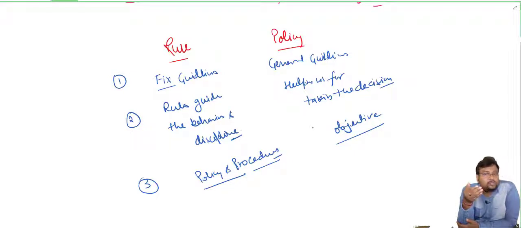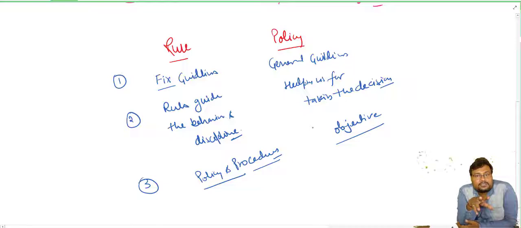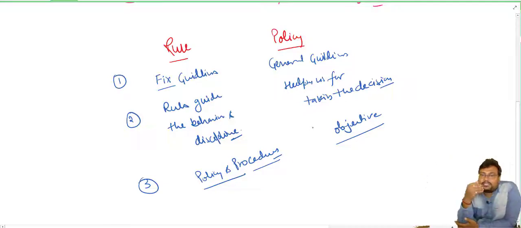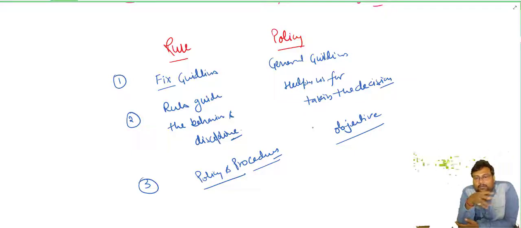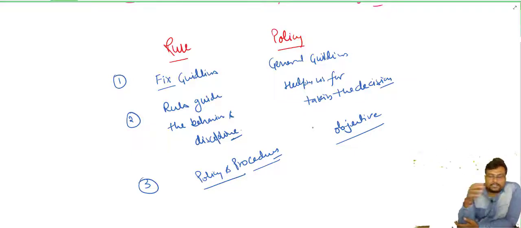And rules basically depend on policies and procedures, and rules specify that in the policy this thing is mentioned, in the procedure this thing is mentioned, that you have to follow this one only, and that is fixed. So when it is asked to write the differences between rules and policies, we will write the answers like this.